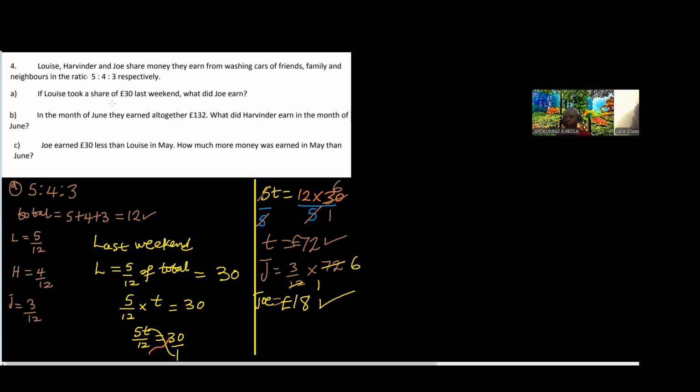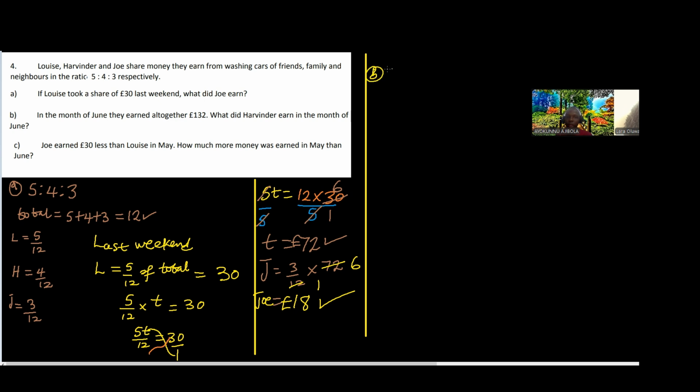Now the next one says in the month of June, they earned 132 pounds altogether. It asks what Harpinder earned in the month of June. Harpinder's share is 4 over 12.